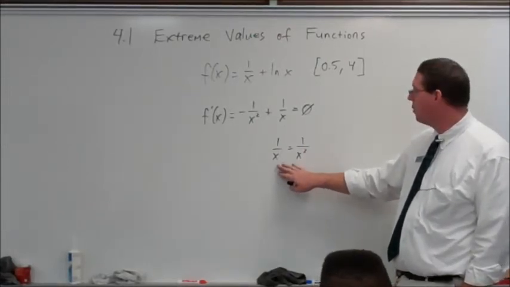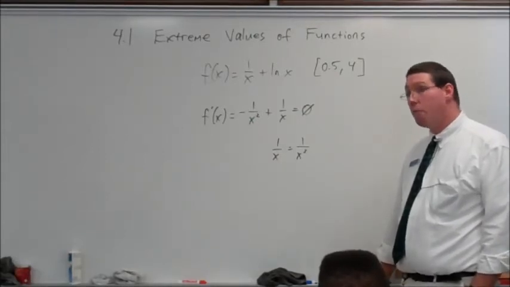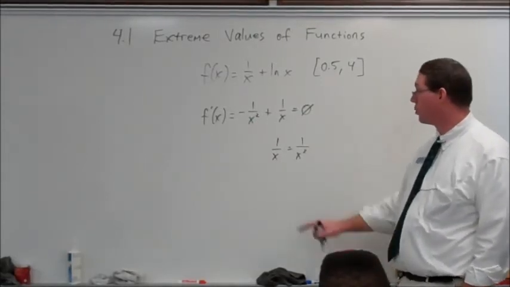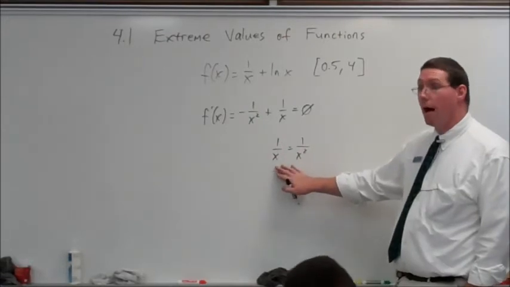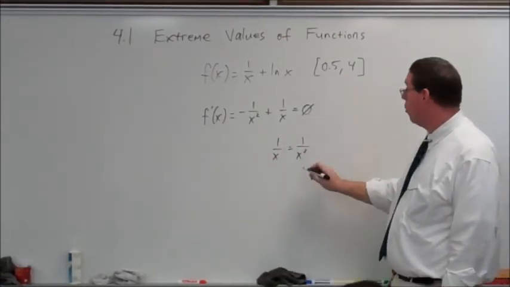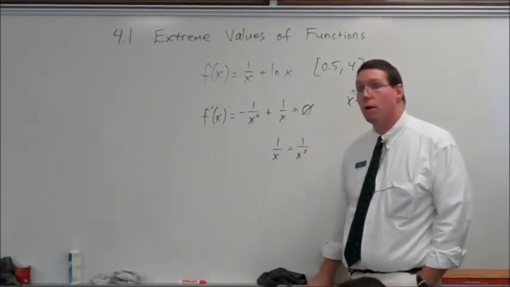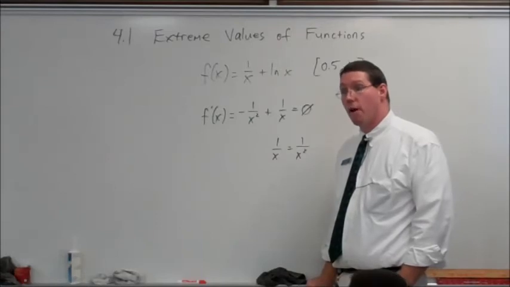But is there any value that will make this true? Negative 1? I don't think negative 1 will make this true. Just positive 1. Is positive 1 on this interval? Yes. So one possible solution is x equals 1. In fact, that's the only solution for a slope of 0.